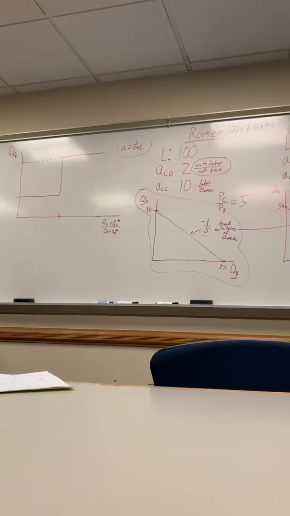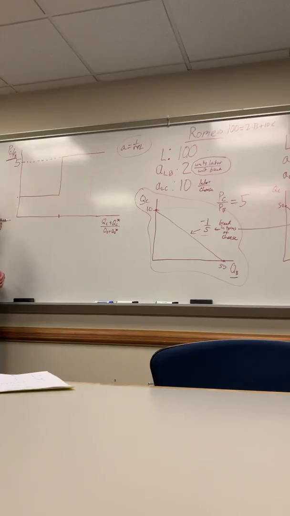Yeah, good. So don't make it too complicated on yourselves. Once you've got your price ratios set up in the same order as this one, just pick the higher one, put it there, and then you can put the lower one here. You could have done PB over PC, in which case your top number would be 1 and your bottom number would be 1/5.